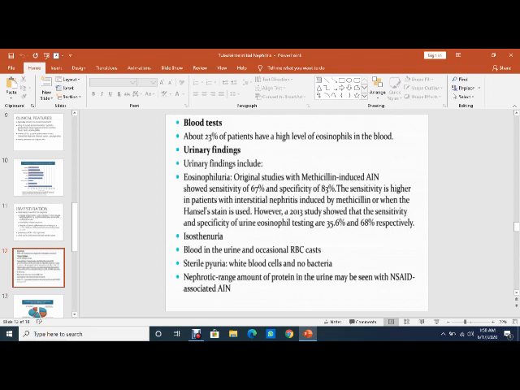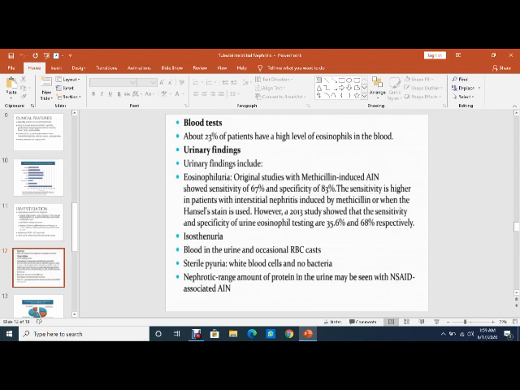The original study, on methicillin-induced acute interstitial nephritis, shows a sensitivity of 67% and specificity of 83%. So sensitivity is higher in patients with interstitial nephritis induced by methicillin or when they use the Hansel stain. The Hansel stain is the stain used for the detection of eosinophils in the urine.